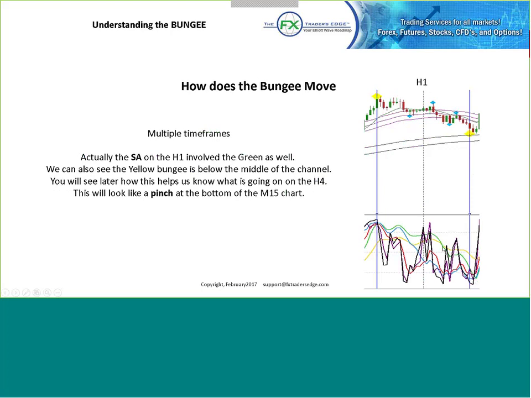And the yellow bungee has been pulled slightly back. Now, with this small piece of chart, we don't know if the yellow bungee is on its way to the top, and this is just a retrace. We need to see more of the chart, so don't worry too much about the yellow. But you can see that we've involved more of the strands in that same move.